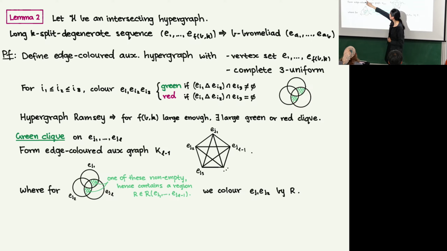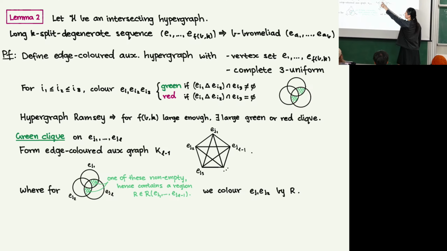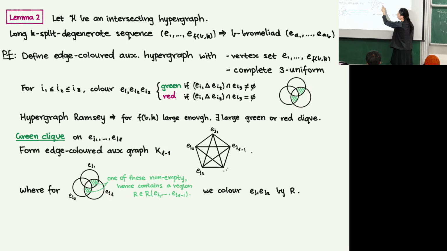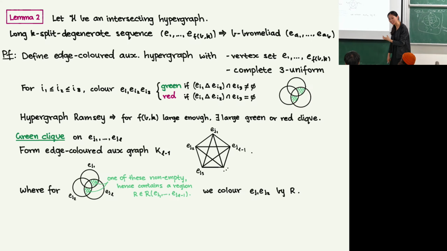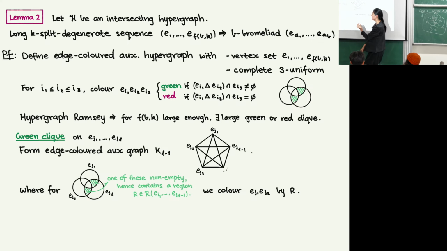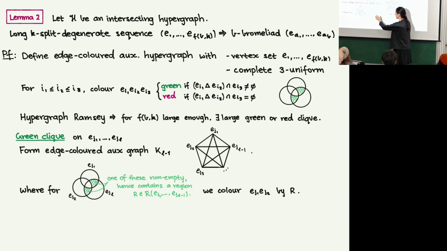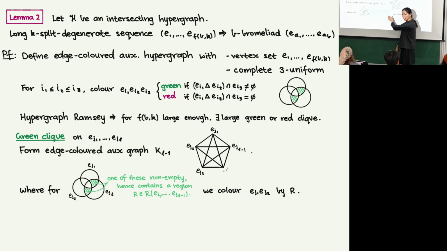So suppose the clique is on EJ1 up to EJL. This is going to be KL minus 1, where I label the vertices by EJ1 up to EJL minus 1. So I just popped the last one off. And I promised some colorings again. This time the colors are going to be regions in the edges EJ1 up to EJL minus 1. And how I pick a region is, well, I look at this picture.